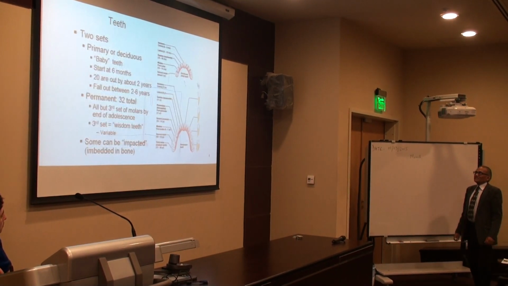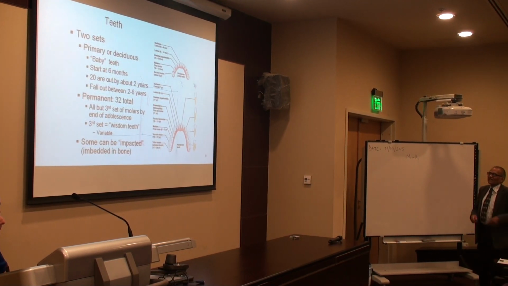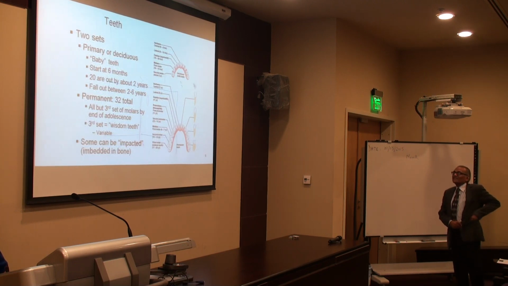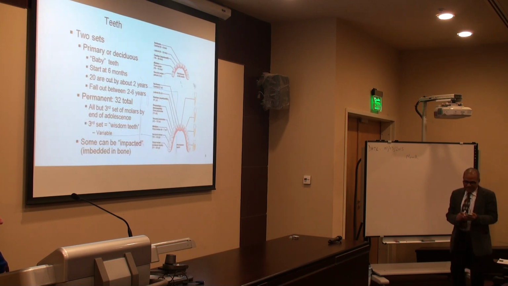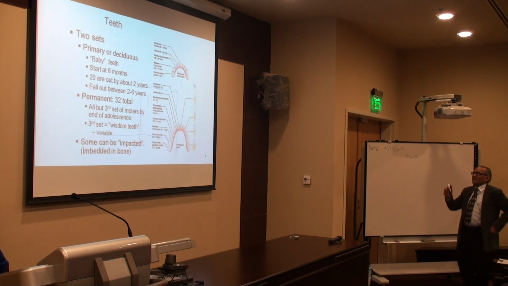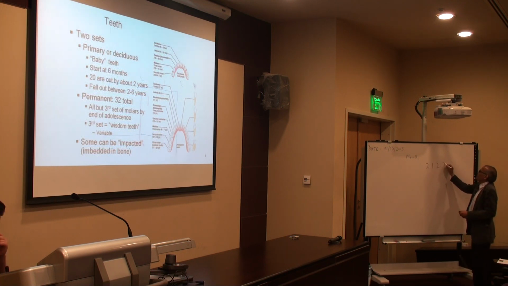Next slide. Another important set is what we call the teeth. These teeth are in a system of primary teeth and secondary teeth, and we remember that set of teeth with a formula 2, 1, 2, 3.